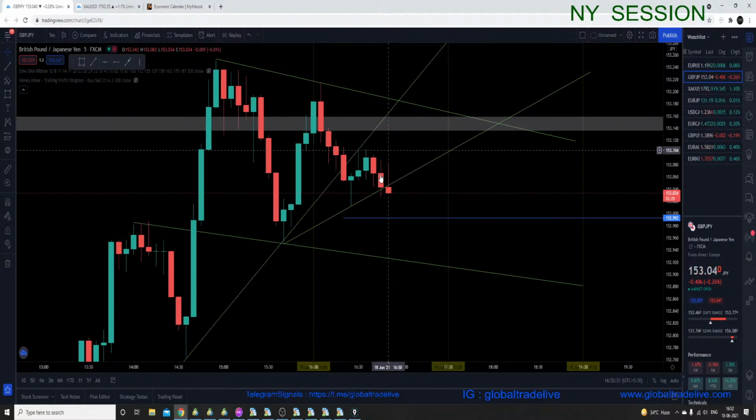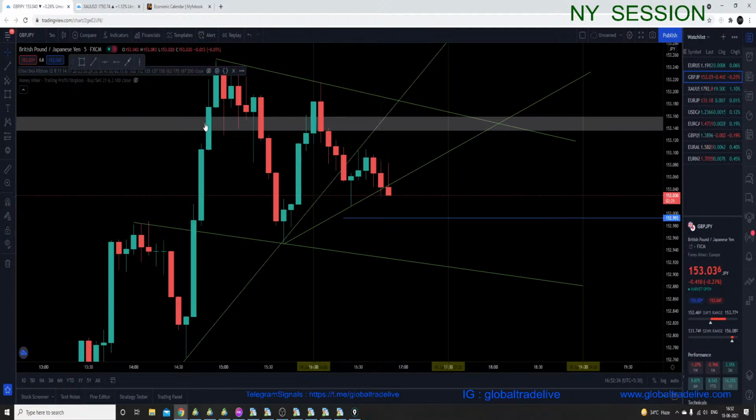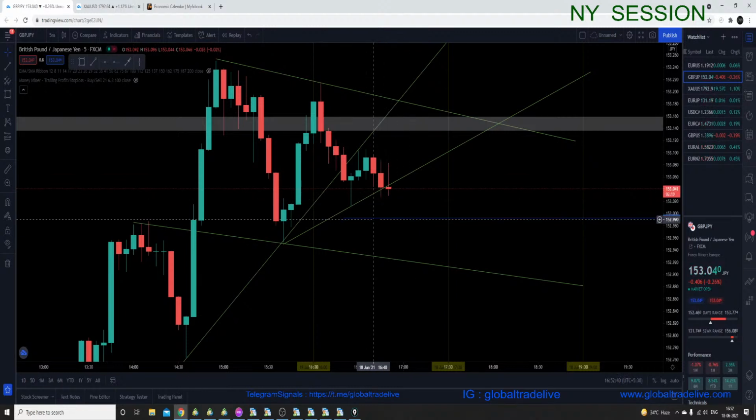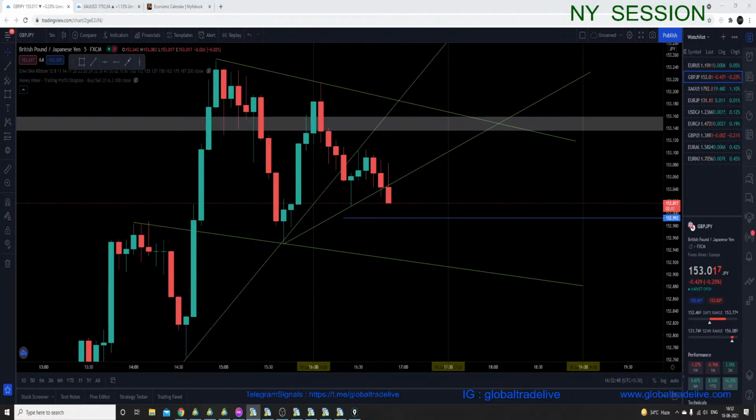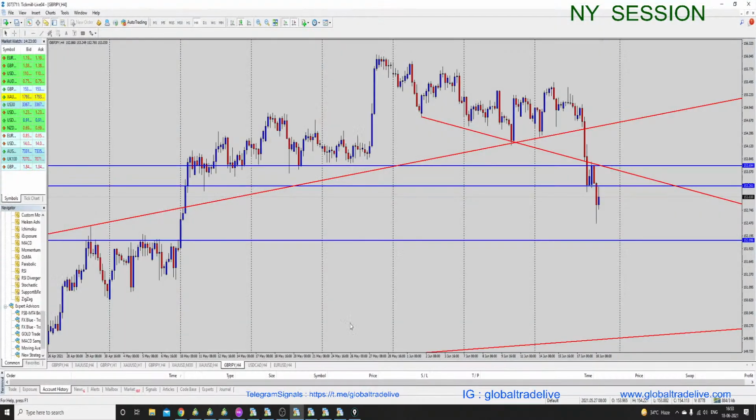Now look, it's creating a wick, about to break the low, so most probably I'm going to execute once the candle starts to break this low over here. Let's look at the time frames and everything here for a sec.